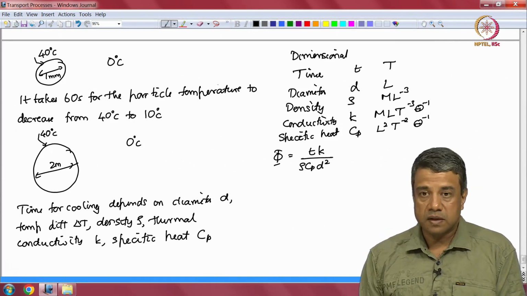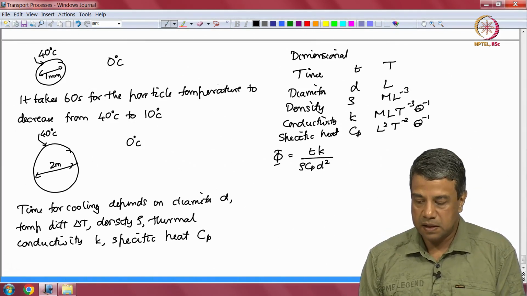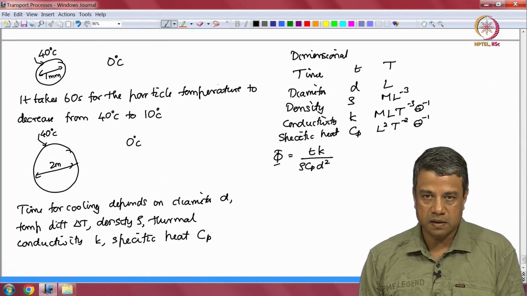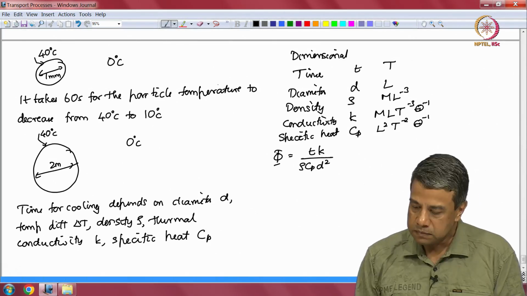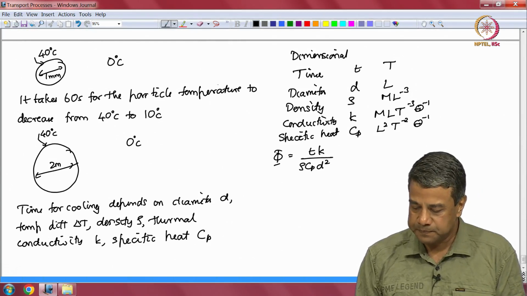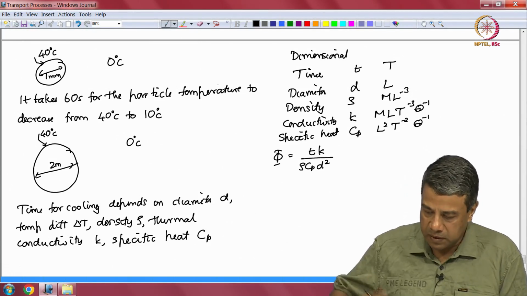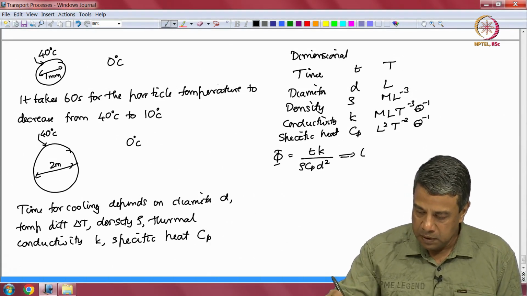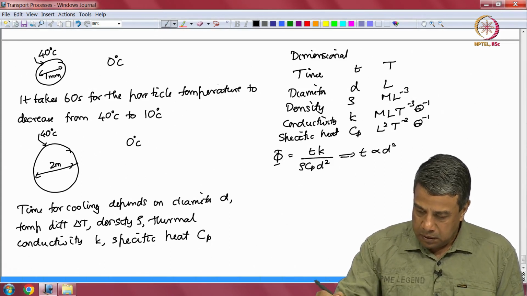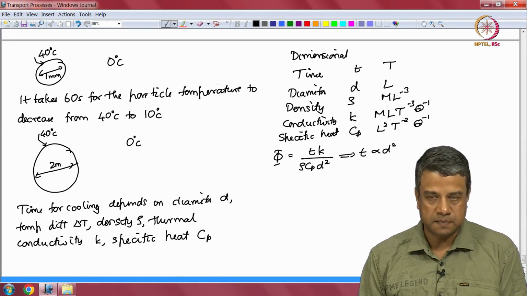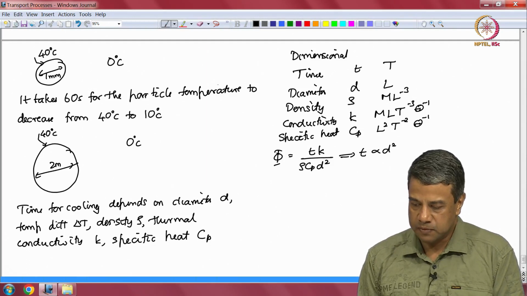Okay. So, therefore, this has to be a constant. Okay. t k by rho C p d square has to be a constant for this cooling process. What that implies is that the time for cooling is proportional to the diameter square.